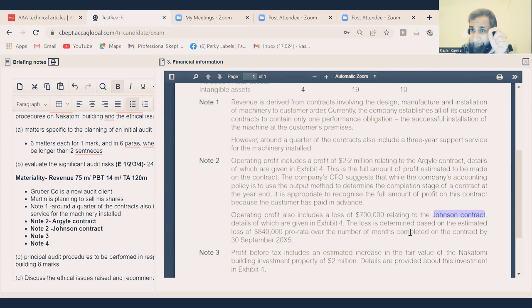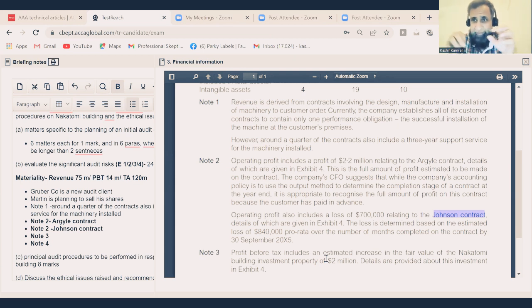Should we recognize the loss on a pro rata basis, or should we recognize the loss in full? Yes. Is the management understating the losses to give better share prices to Martin? They were recording the profit in full, which was wrong, and they are recording the loss partially, which is wrong.